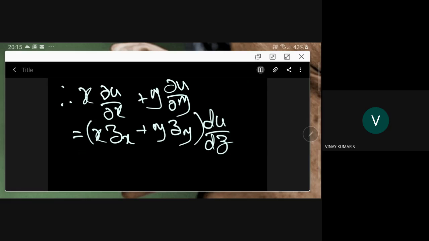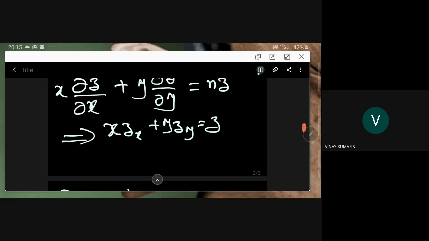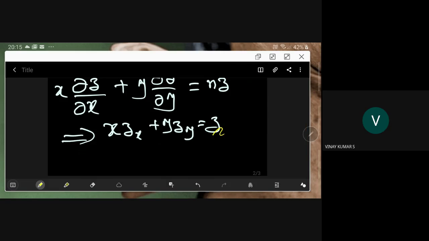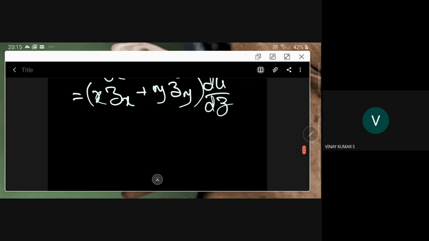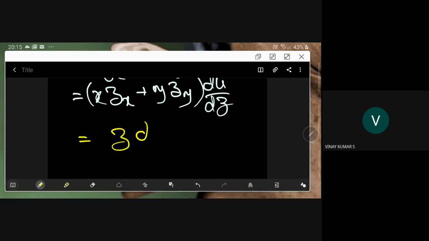It is already mentioned here. See, this is here already. That is z. So it is equal to z into du/dz.